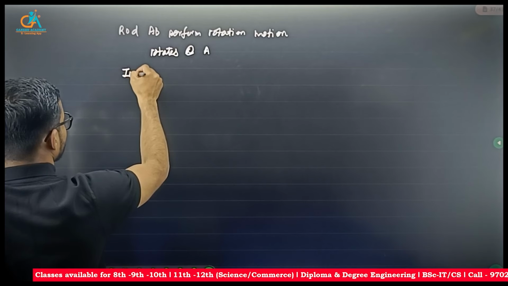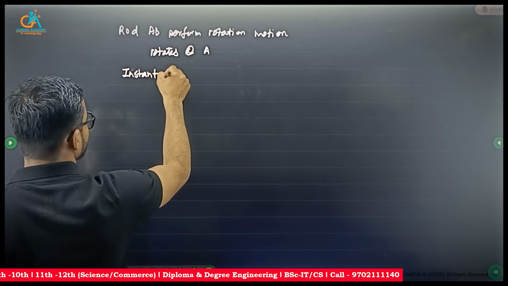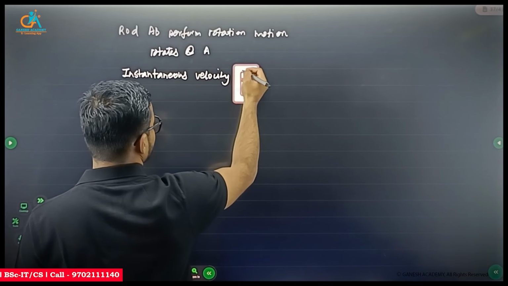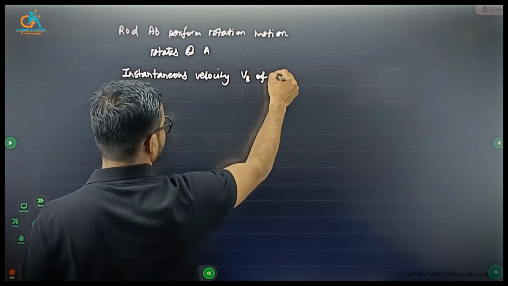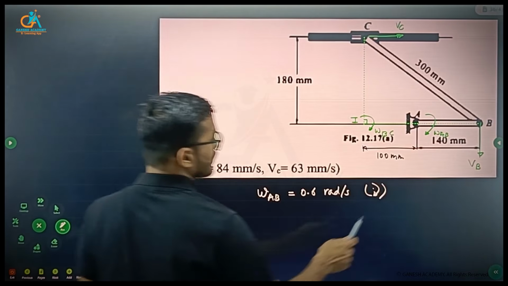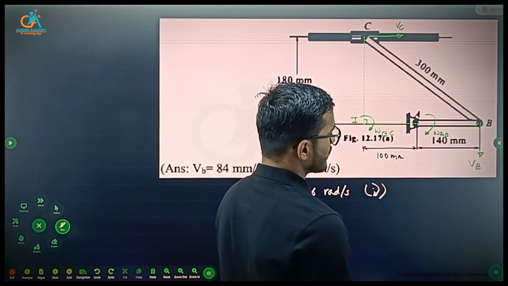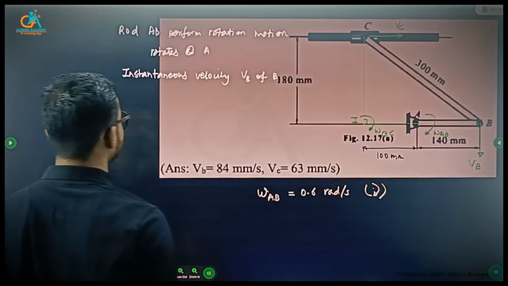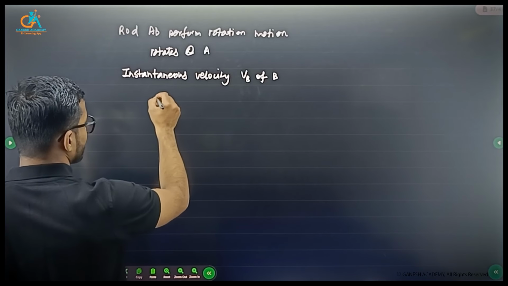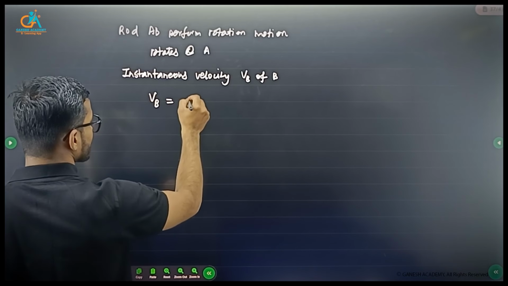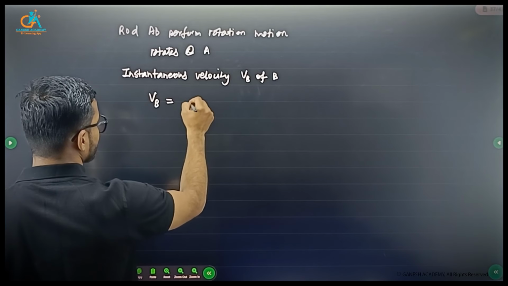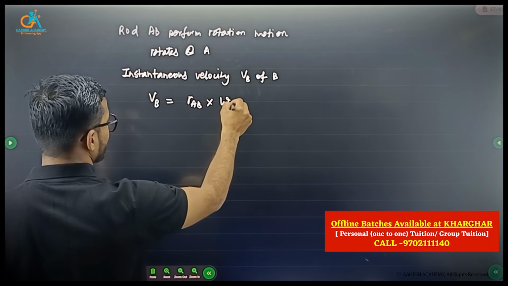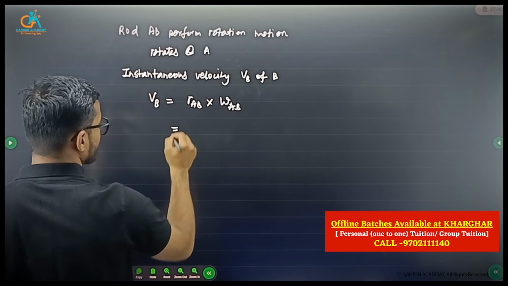So the instantaneous velocity of B you can find. This distance is RAB, which is equal to 140. So we can use the relation VB is equal to RAB into omega AB.